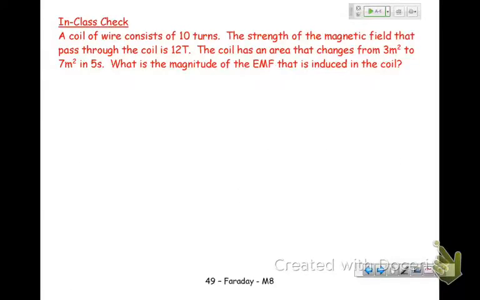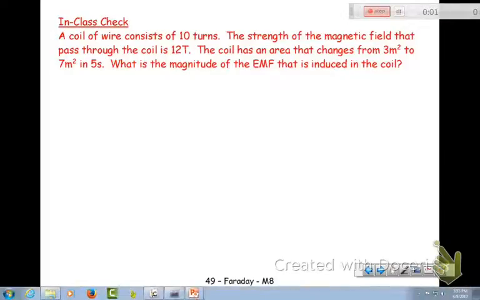10 turns. The strength of the magnetic field that passes through the coil is 12. Is this one done? No. Do it. So draw yourself a quick diagram and note down what the number of turns is. And then, what are you given? You're given a magnetic field in this case.